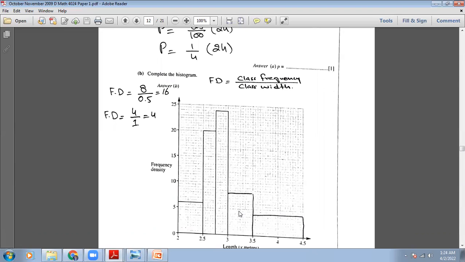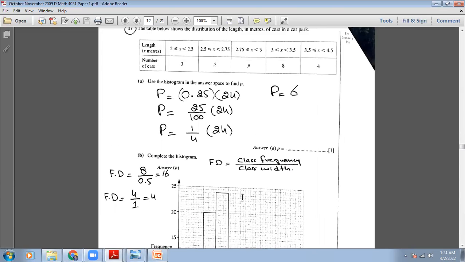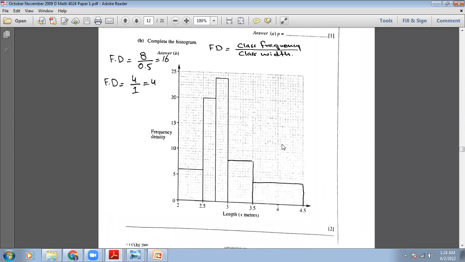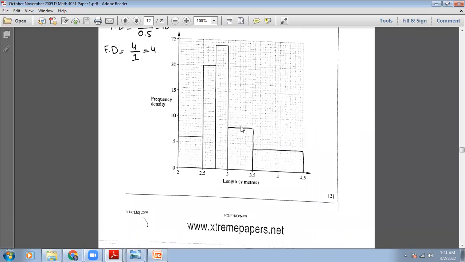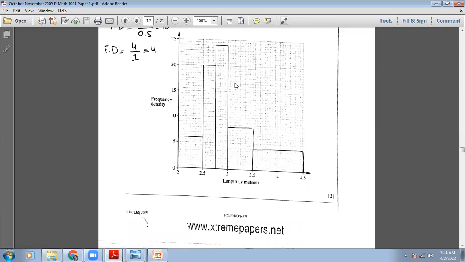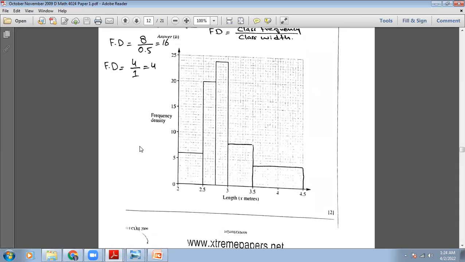But this bar is not right, because it was supposed to be up to 16. So from 3 to 3.5, it should be up to 16. So this bar is not right. Okay, so I will try to correct it, but it should be here, after 15, above the 15 by two small squares. So let me show you.